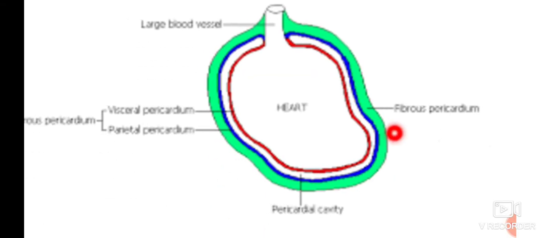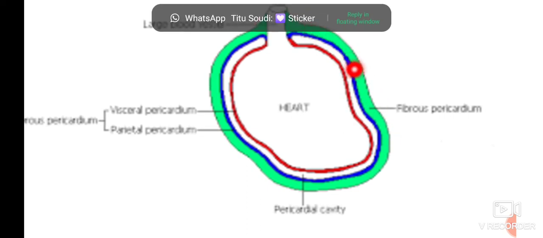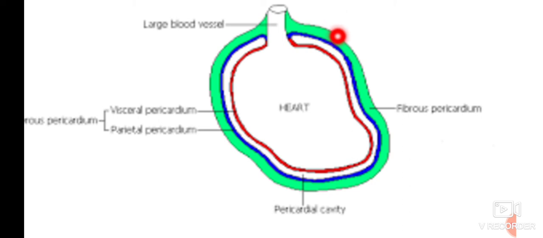Here in this picture you can see the green colored area. This is the fibrous pericardium. Then inside this is a serous pericardium with 2 layers. The blue color is the parietal layer of the serous pericardium, and the red color is the visceral layer of the serous pericardium. Between the parietal and the visceral layer, there is a space called the pericardial cavity.